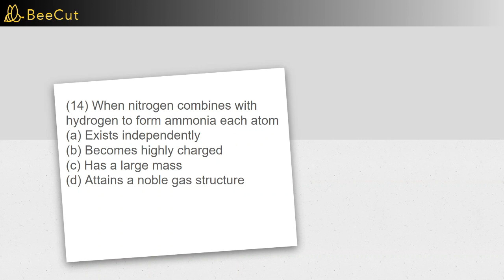We want those elements to be stable. Nitrogen needs 3 electrons to be stable to form a compound with hydrogen, and they will attain their noble gas structure by forming a covalent bond between nitrogen and hydrogen to form ammonia.